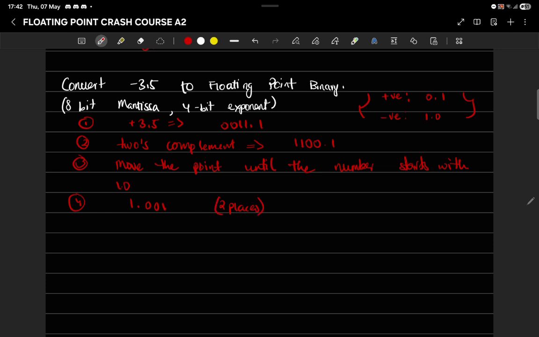So we did 2 shifts in total, so our exponent is going to be 2. And the binary number, the mantissa, will be 0, 1, 0, 0, 1, and we add the remaining zeros. We wanted 8 bits, so this is the answer.